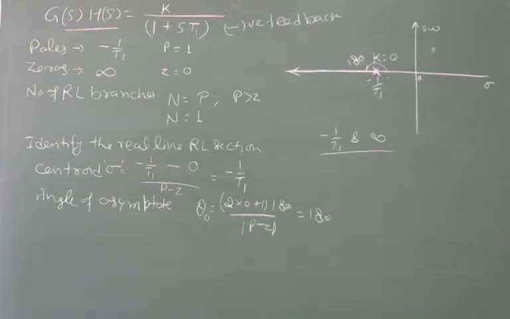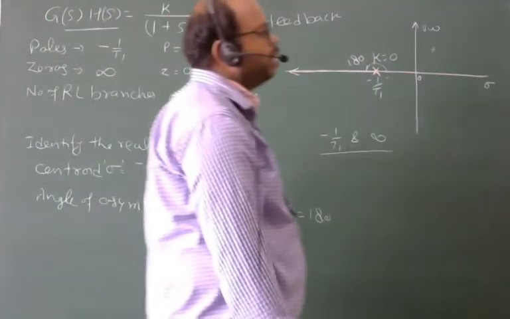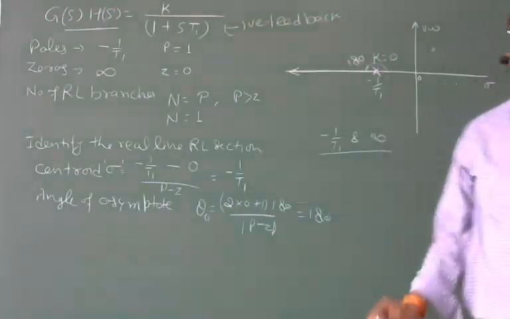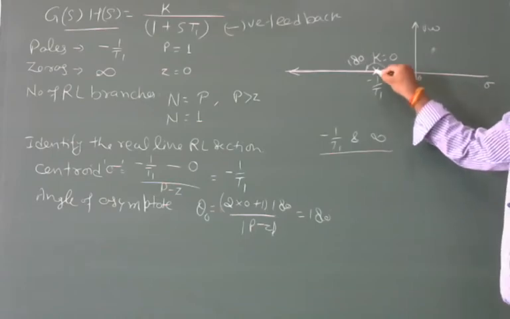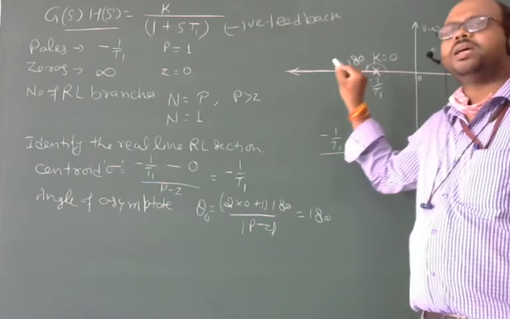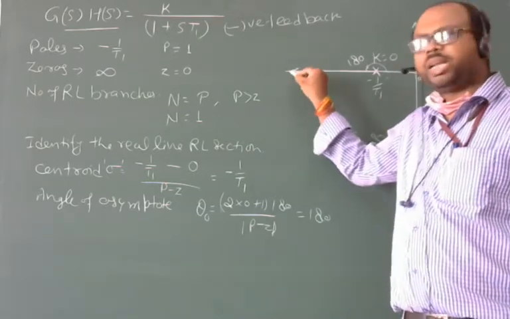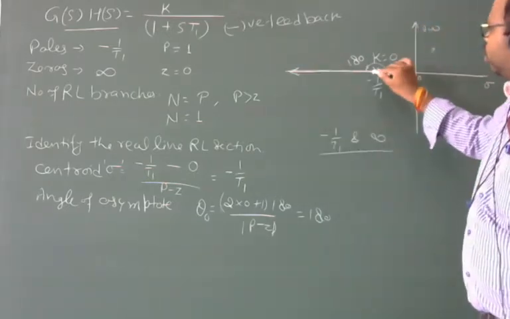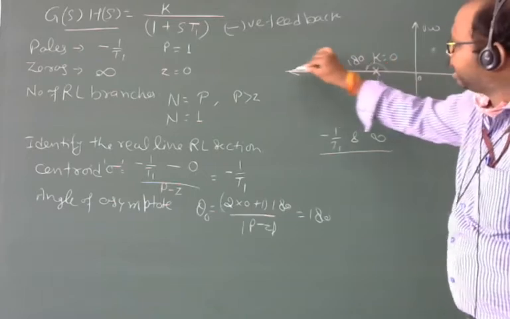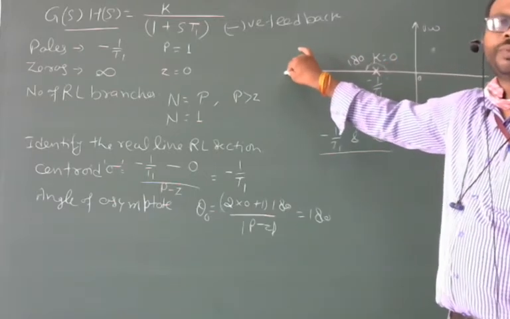Now, is there any breakaway point or any intersection point on the imaginary axis? Since we can see that there is only one pole, which will end at one zero situated at infinity, the root locus will start from here and end at infinity.